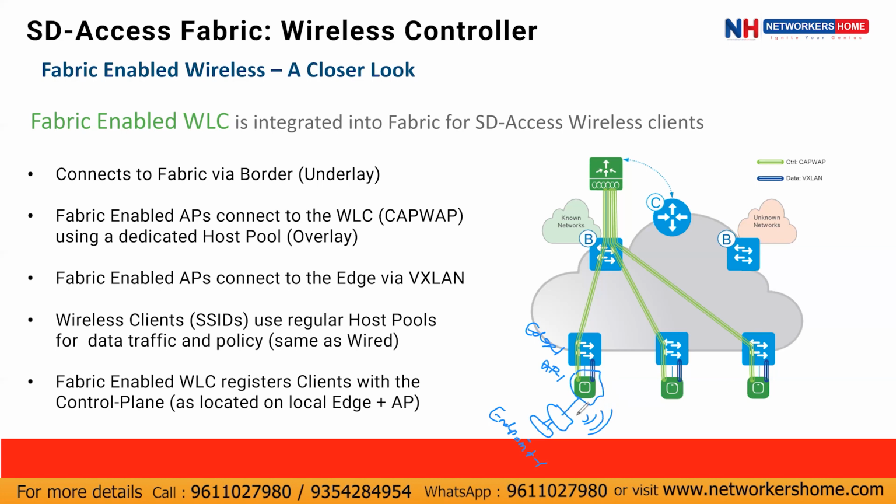When it sends any request, the access point will exchange this traffic with the edge. The control traffic is the CAPWAP. The data traffic is this VXLAN. You can see it here. So it will exchange this traffic with the edge node, and the edge node will treat this traffic the same as a directly connected wired client.